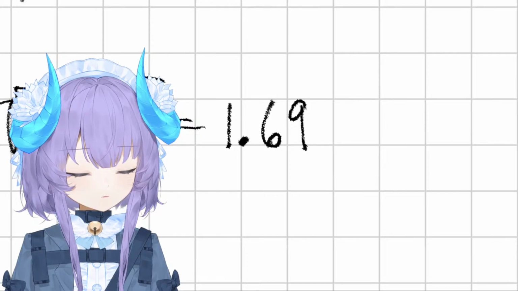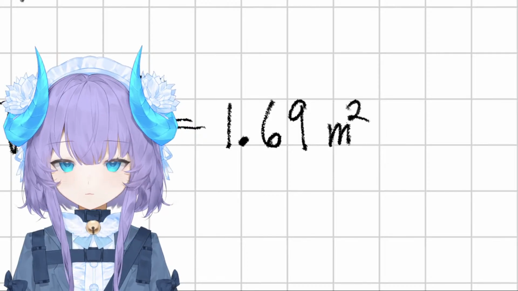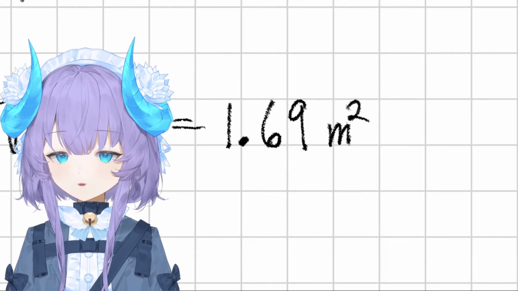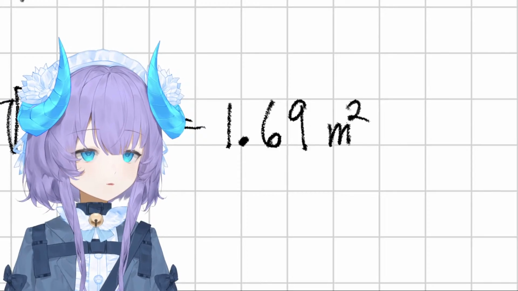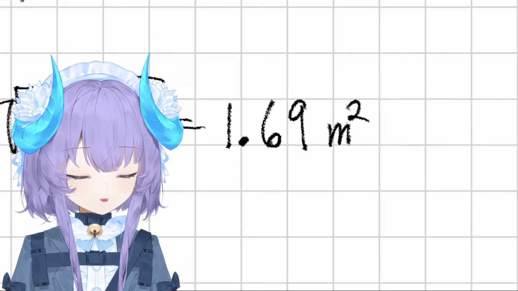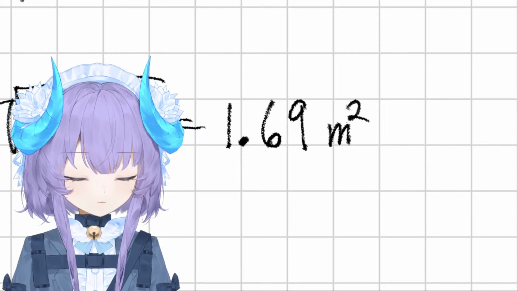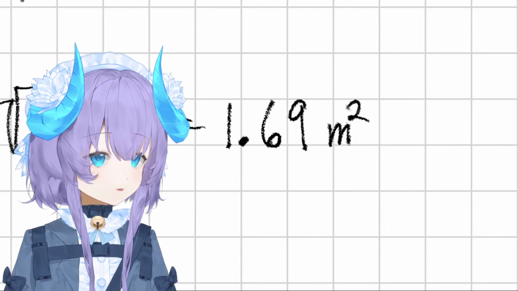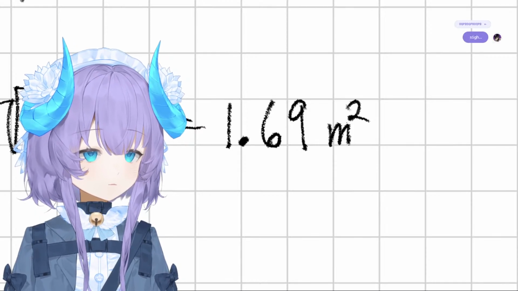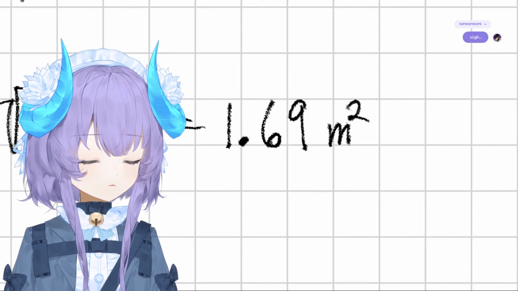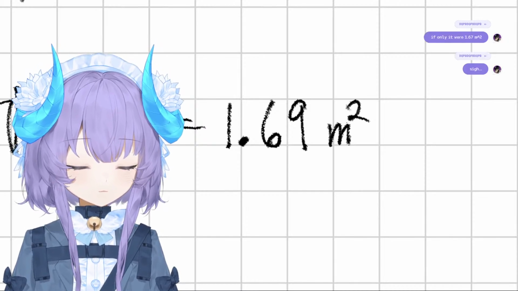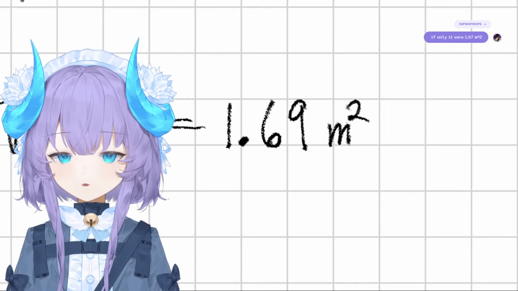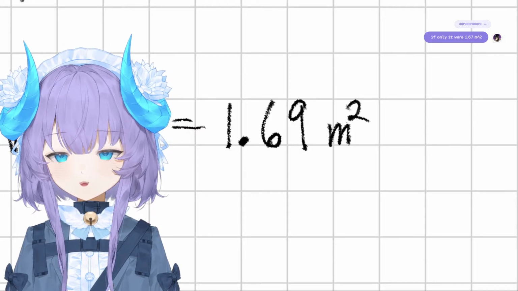I just have to put the m squared. Are there m squared at body surfaces or whatever? I have to round it, so that'd be 1.70 meters. Checking answer. What? Yeah, I just didn't want me to round it.